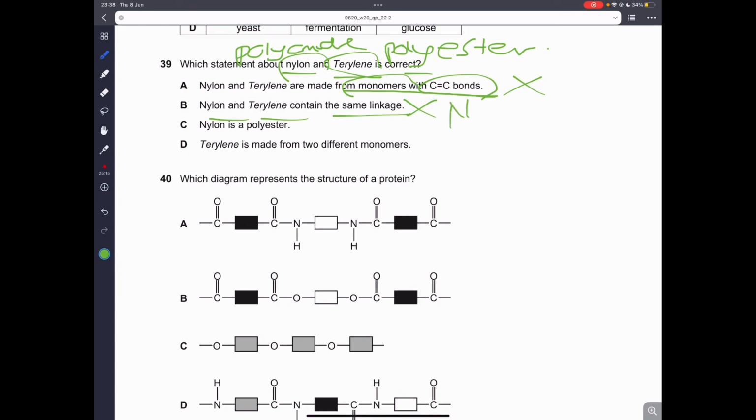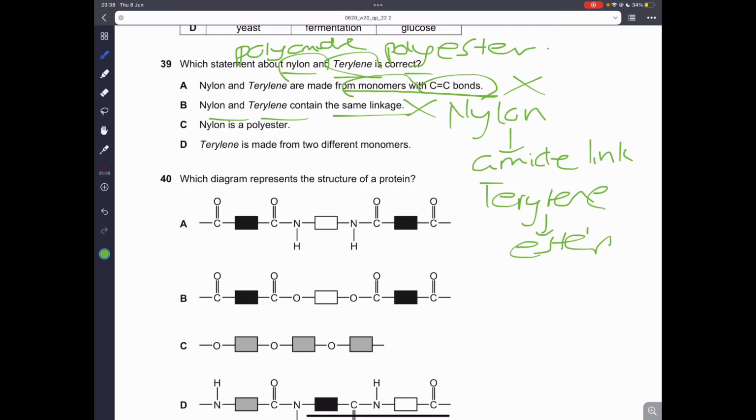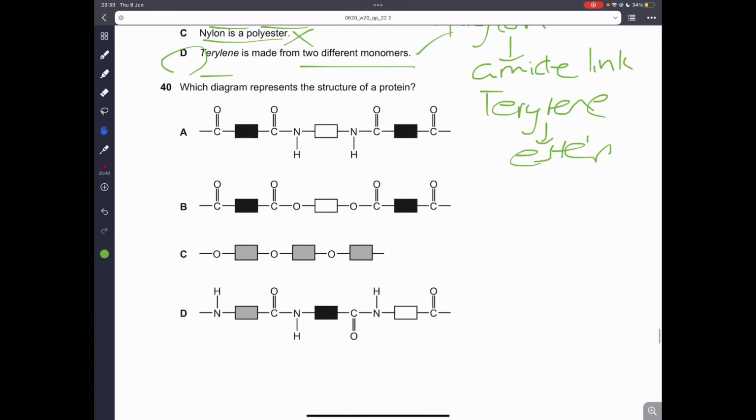No, nylon, as it is a polyamide, contains the amide linkage. Terylene, it is a polyester, so it contains an ester linkage. Nylon is a polyester. Nope, nylon is a polyamide. Terylene is made from 2 different monomers. This is absolutely correct because this is condensation polymerization.